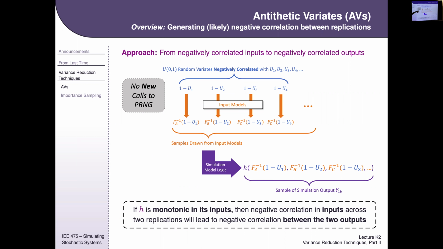So the hope is that if we flip this, and you had a short inter-arrival time for customer one in replication one, customer one in replication two is going to have a long inter-arrival time. So it's going to totally change the nature of these things, hopefully in a consistent way, where if it was easy for replication one, it'll be hard for replication two, and so on. That's what we're trying to generate here.